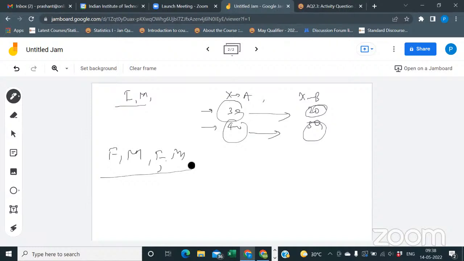Okay, so who is next? I think there is no raised hand. So do you have any question? Not now. Activity question, activity second question first. One second.